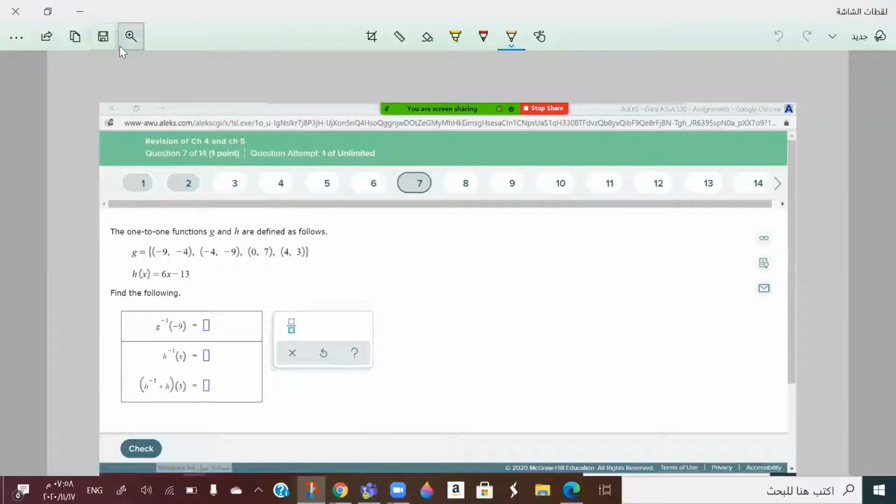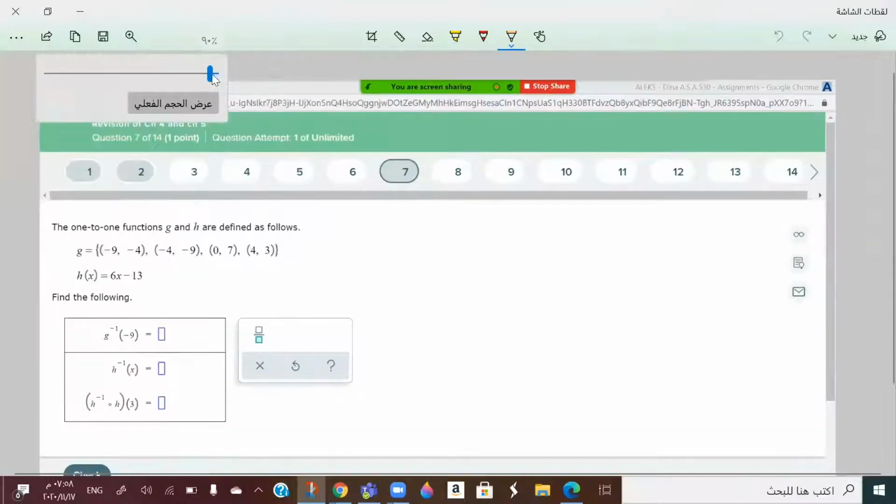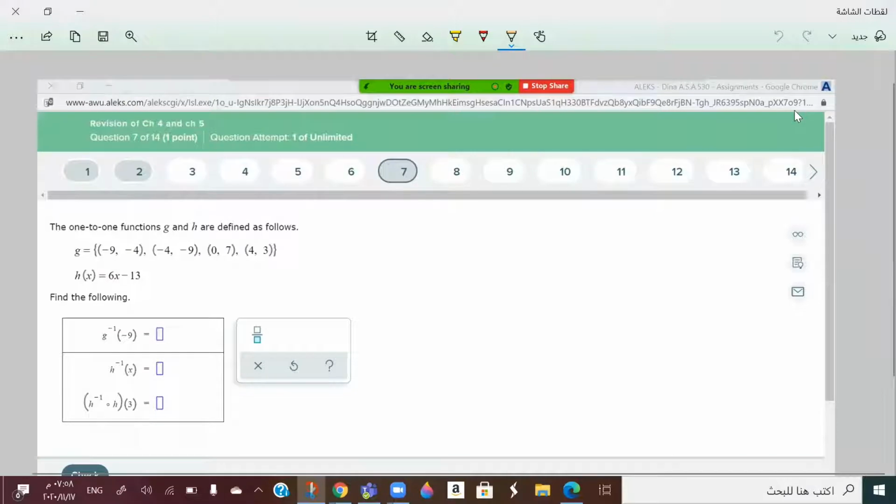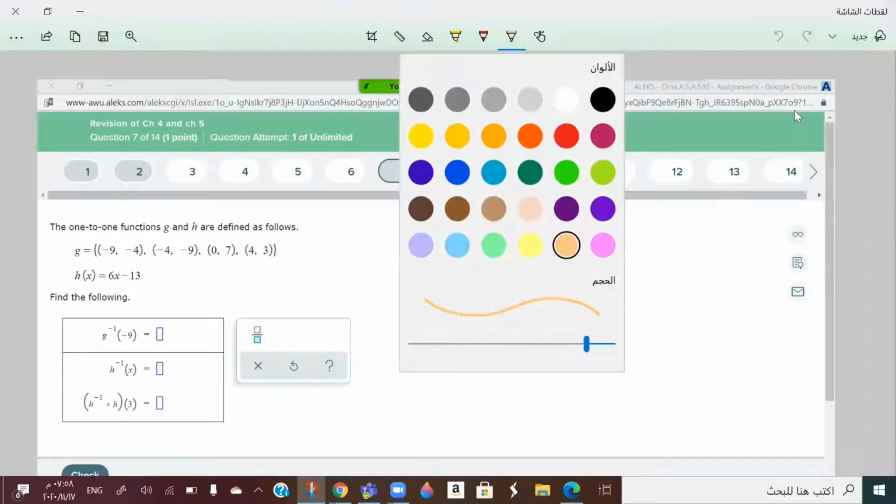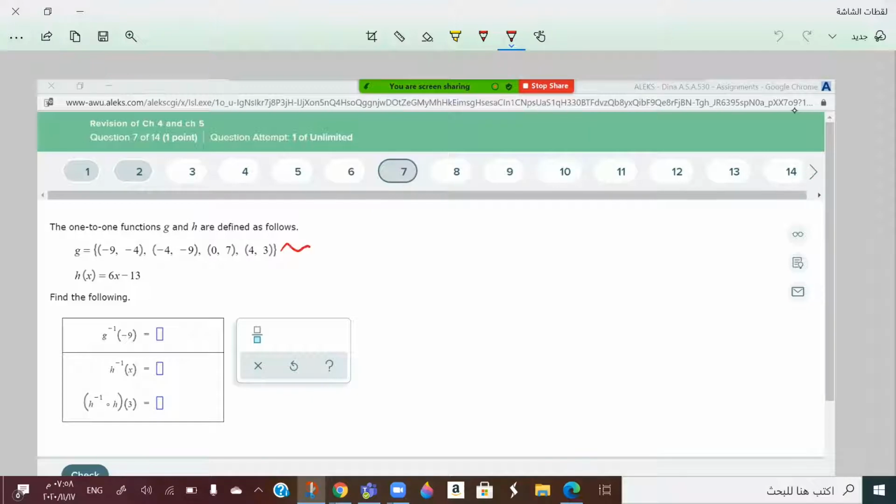So let's focus here. Whenever you have a set of points, all you need to do to get the inverse is flip between the x and the y. So if your g of x was having x and y, that means your g inverse of x should be having points with y and x.